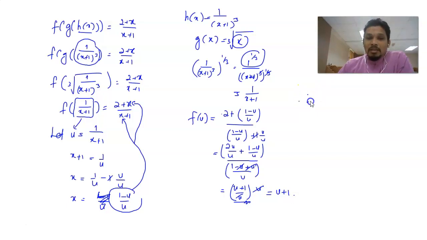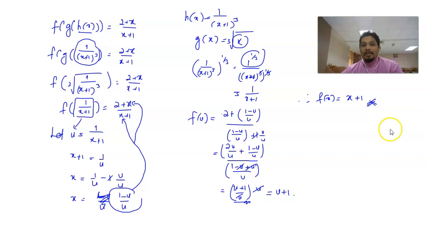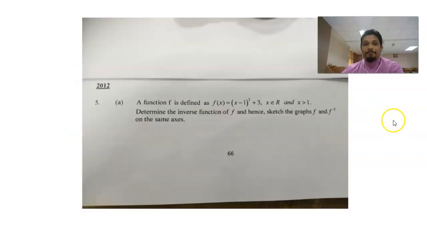So it means that the function of x that we're looking for is f of x equals x plus 1. Now, class, we write down the function f of x in the form of ax squared plus bx plus c.